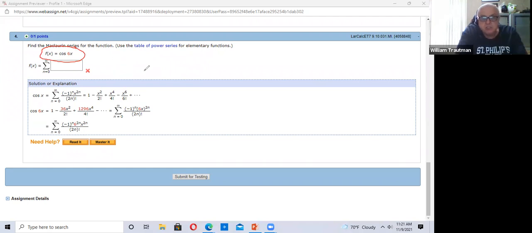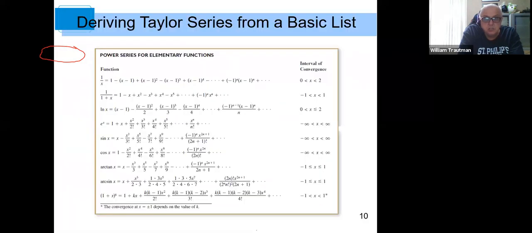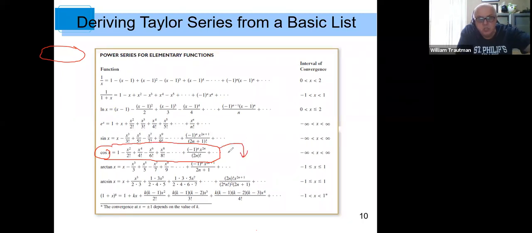And once again, if we go back to the power series, I'm just going to bring it up for a second and look at the cosine. So if you notice, we're going to bring this into our problem.